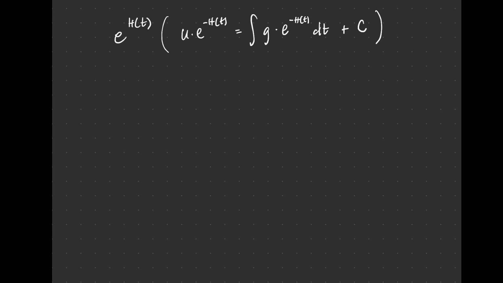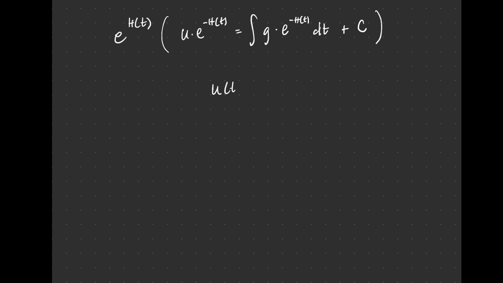So we've got u times e to the negative H of t equals the integral of g of t times e to the minus H of t dt plus c. And so we multiply both sides by e to the positive H of t to cancel out this term on the left.